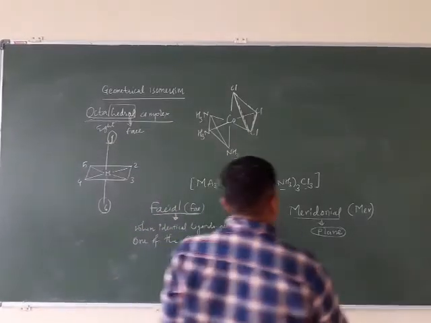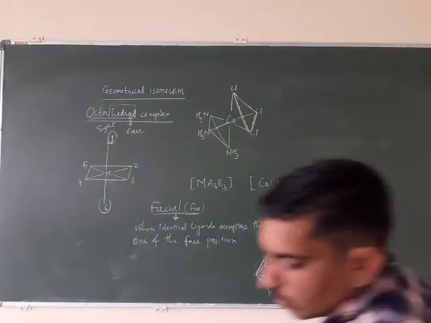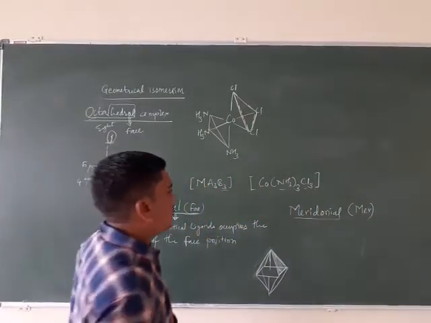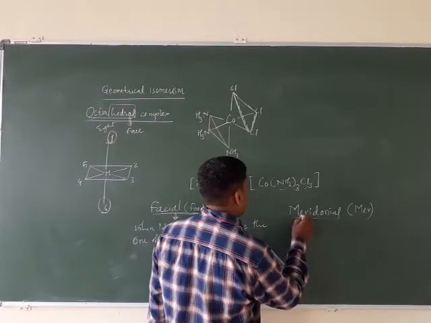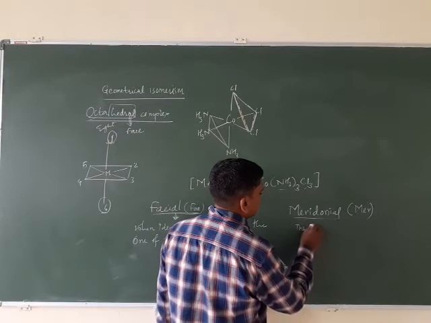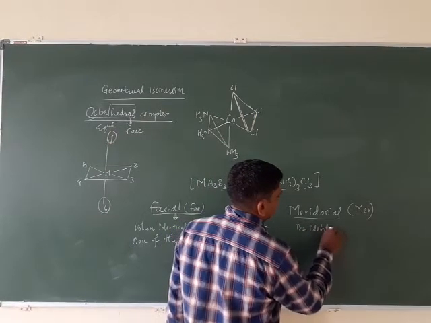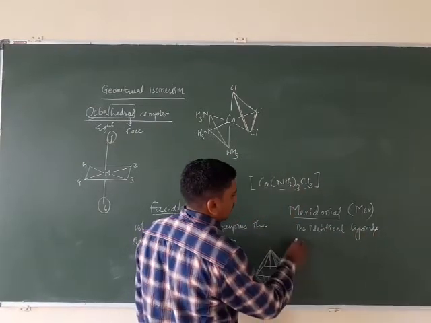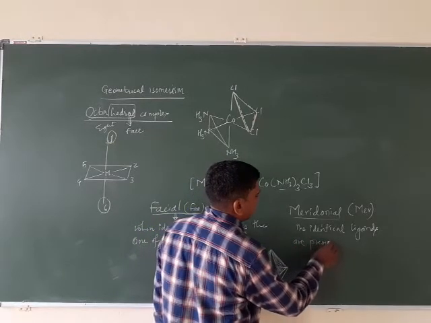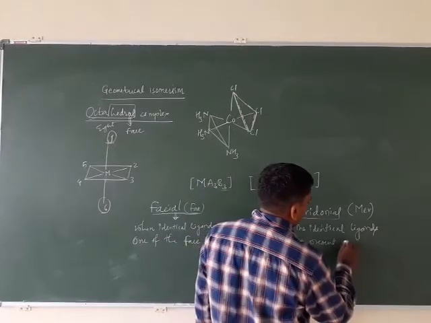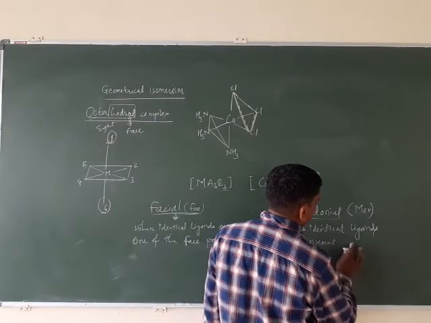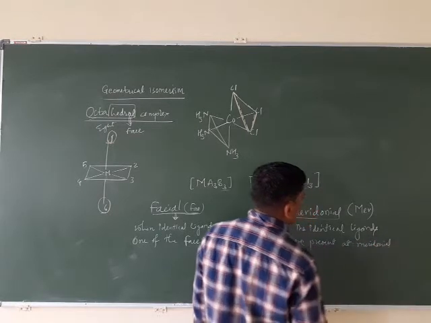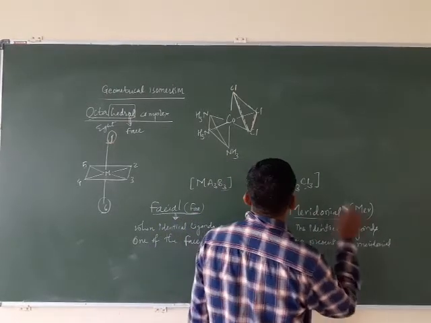The second type of isomer in such complexes is called meridional. In the meridional isomer, the identical ligands are present at the meridional plane.